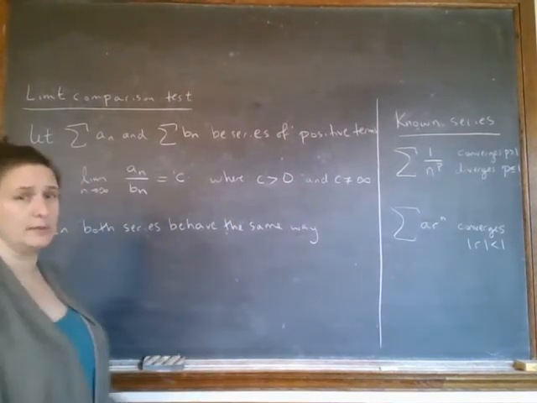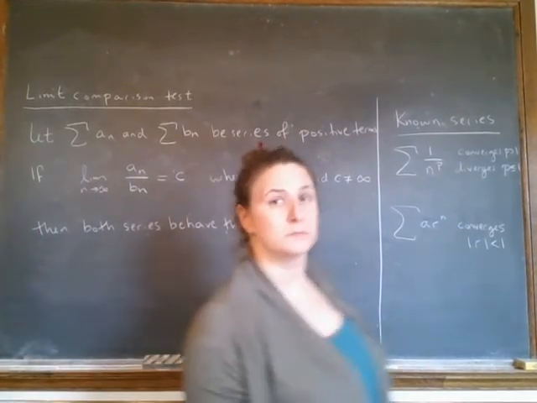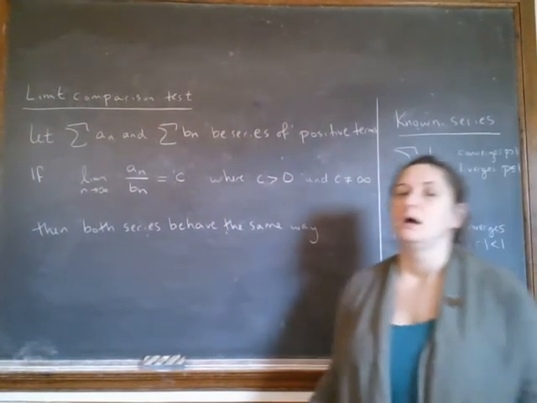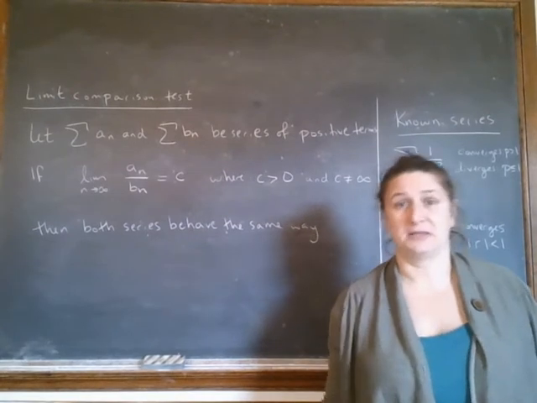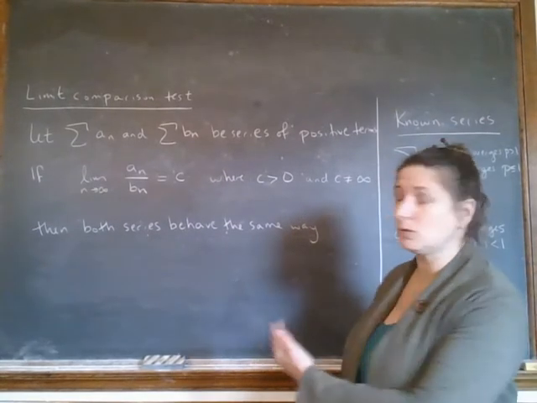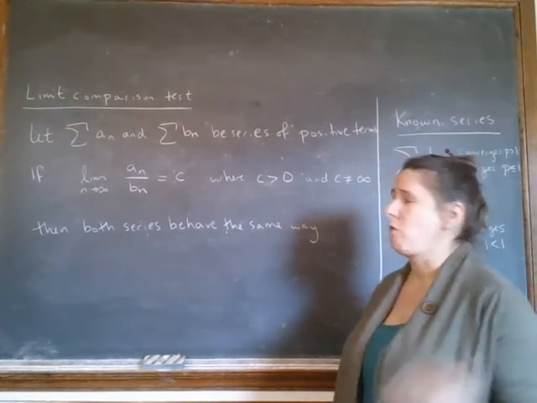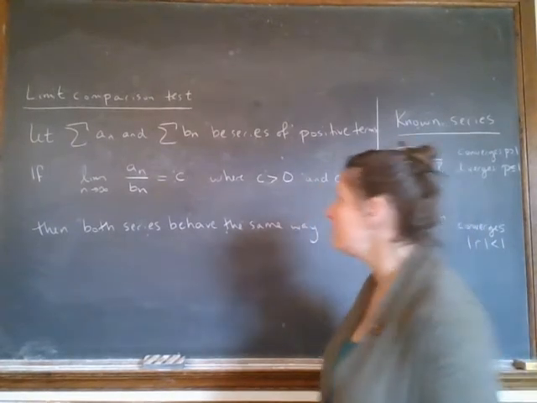So it's okay, by the way, for c to be 1. It often is. Unlike other tests when it's bad when you take the limit and you get 1. Here, what's bad is if you get 0 or infinity. Okay?